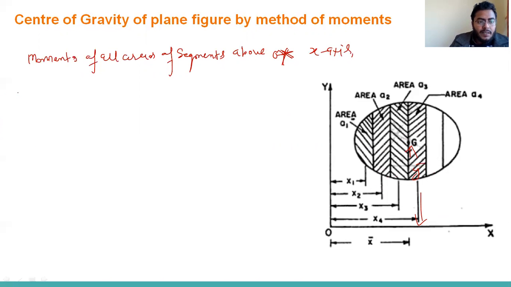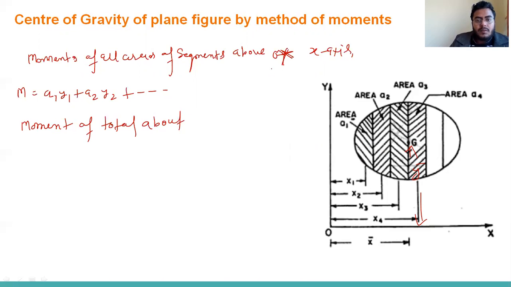That way we can write A1 y1, A2 y2, and so on. Similarly, we can write the moment of the total area about the x-axis.